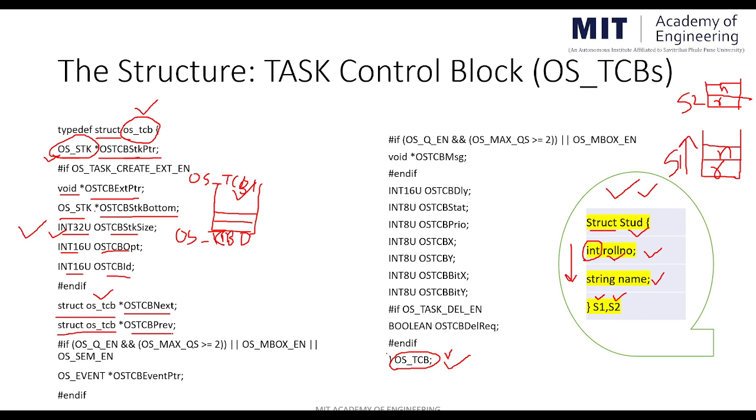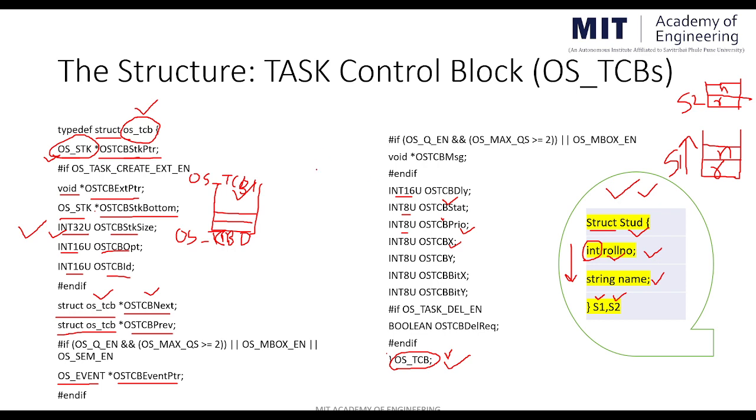Star OSTCBPrev is another variable or member which again has the type of structure. Then OS_EVENT is the data type again, and OSTCBEventPtr is the structure variable. Similarly, here we can see INT16U, INT8U, INT8U, and OSTCBDly, OSTCBStat, OSTCBPrio, OSTCBX. All these are the variables or members of the structure.